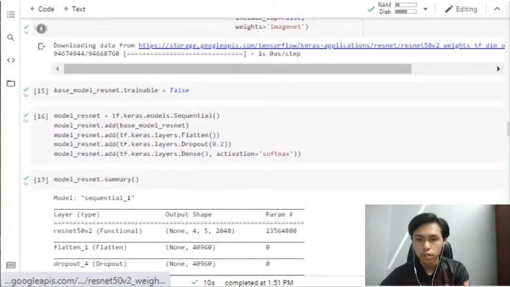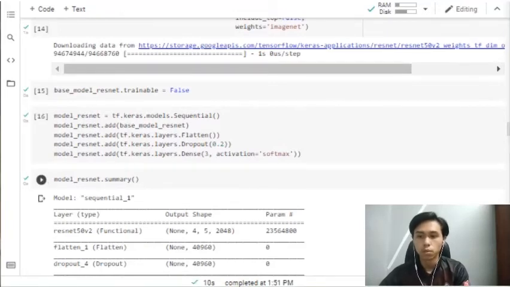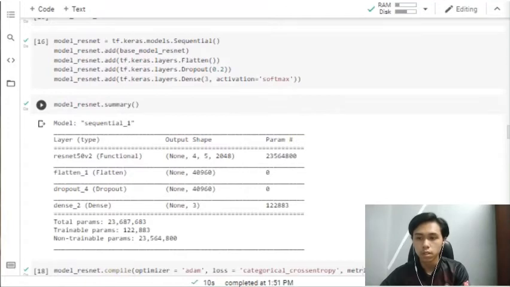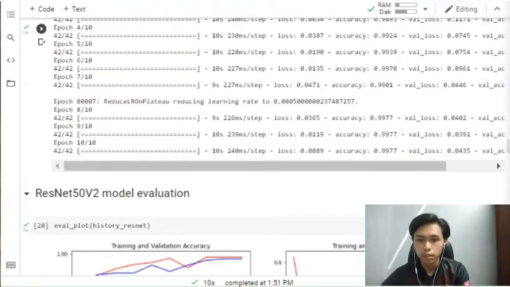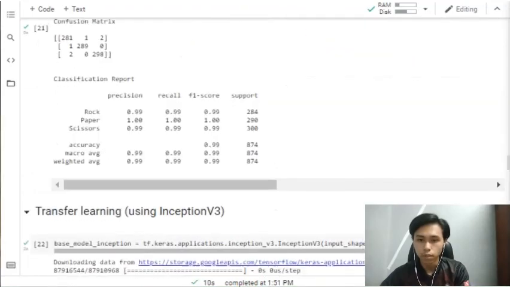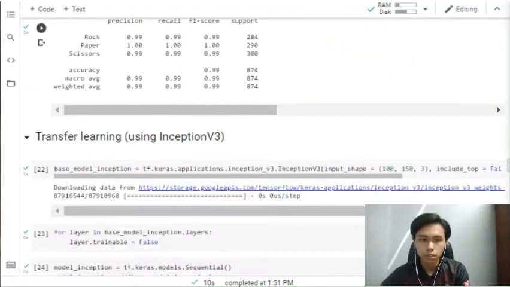On this model, flatten, dropout, and dense layers were used, using the softmax activation function. Then we run the model with 10 epochs and we found the accuracy is 99%, which is super high. And we evaluate the plot graph and confusion matrix.